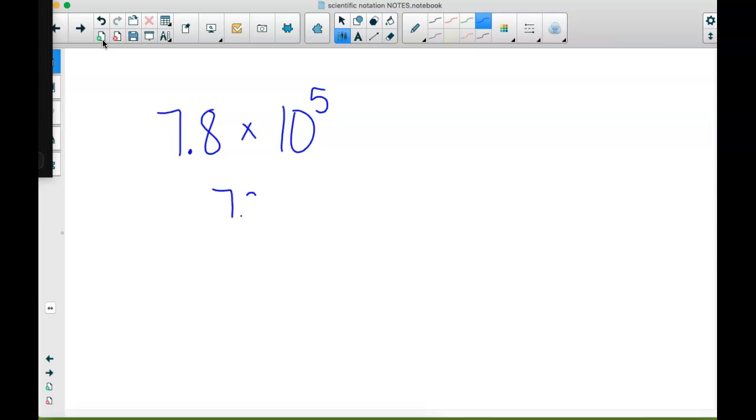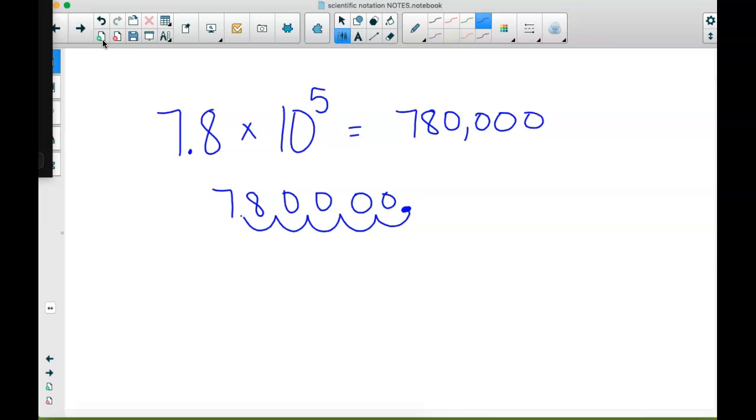So I have to take this 7.8 and move the decimal 5 times. And that leaves some blank spaces. So I need to fill in with zeros, and the answer is 780,000. Okay? So if you multiply by 10, however many times, you move the decimal that many places.